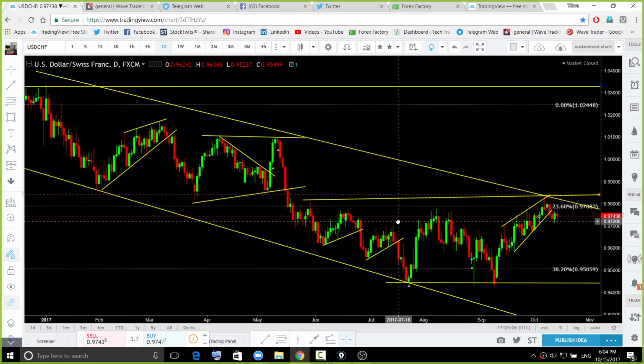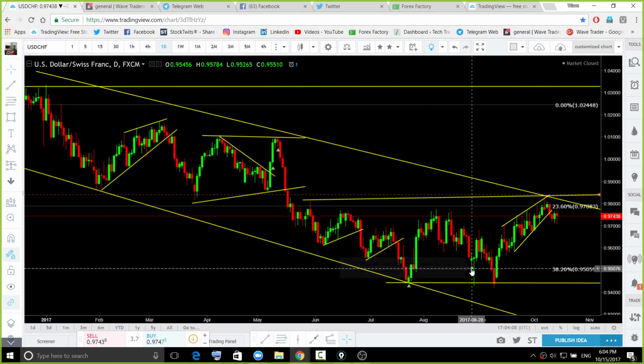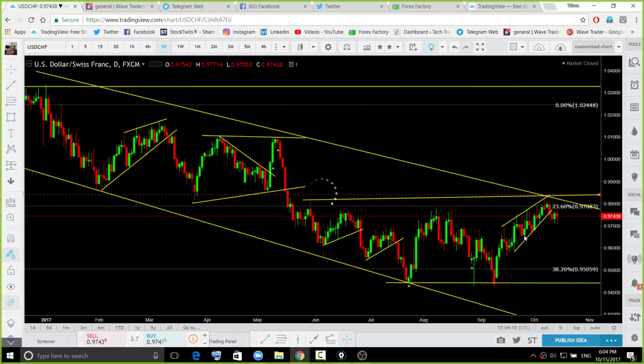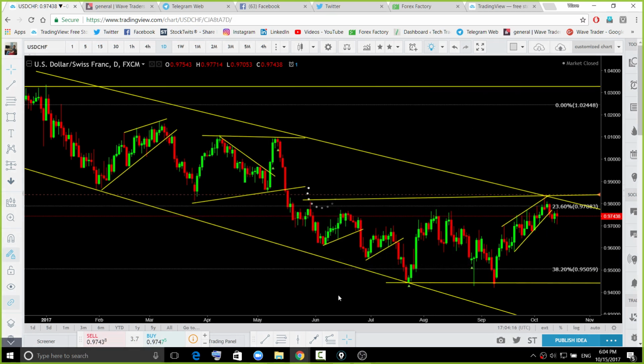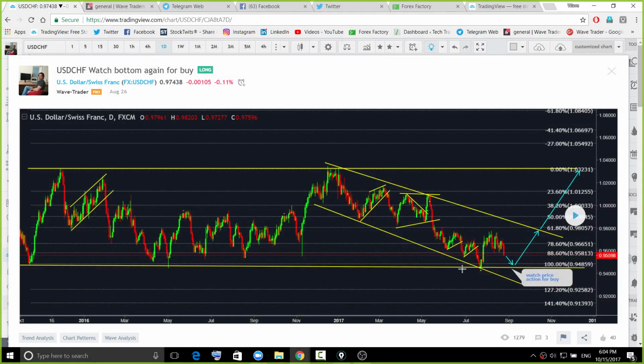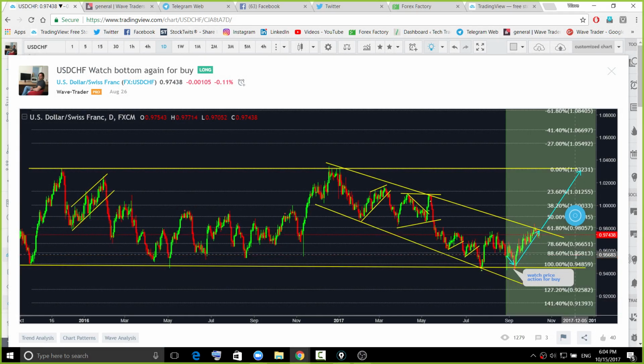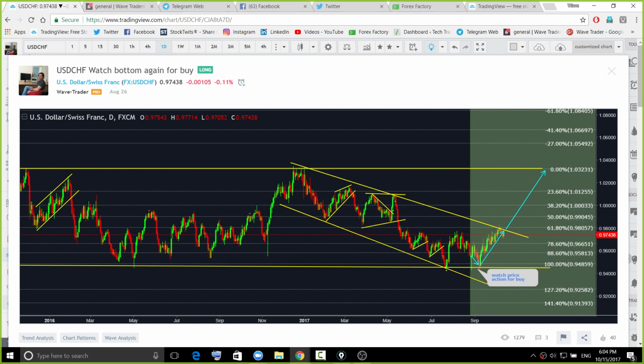So the longer-term trade, we were looking from this bottom to the upside. Buy from the bottom. So that trade. The difference is this: price is not rising so aggressively.